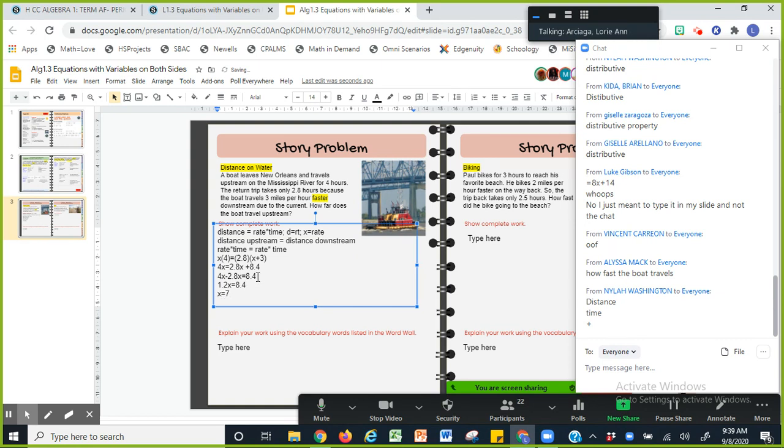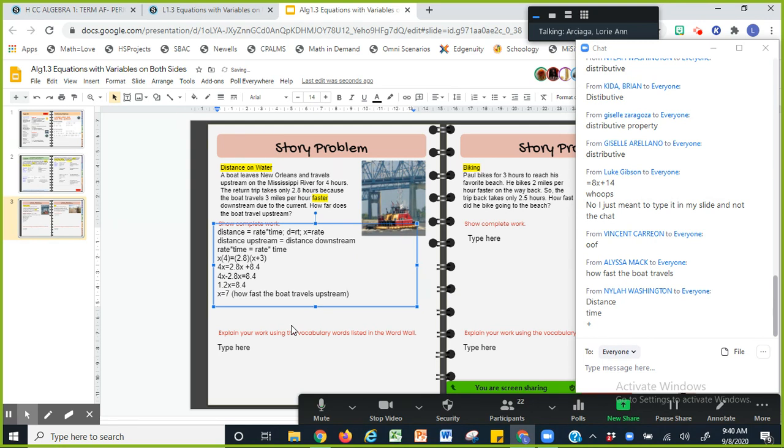But we don't stop there, because according to Nyla, we're looking for the distance. And according to Alyssa, we're looking for how fast the boat travels. And this is how fast the boat travels. Okay, this is upstream, right?